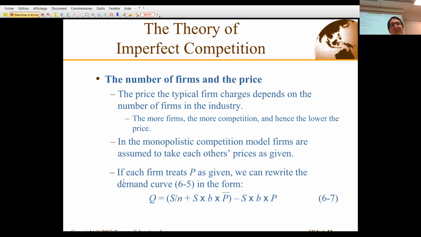I just want to know if I can go to the next page. B is the constant term, representing the responsiveness of a firm's sales to its price. P is the price charged by the firm, and P bar is the average. So this is all just the model setup.